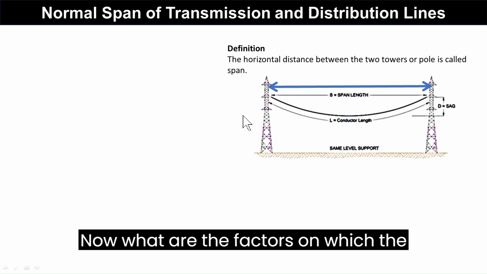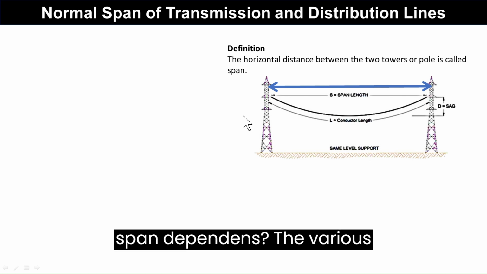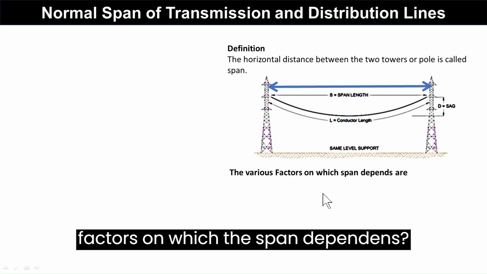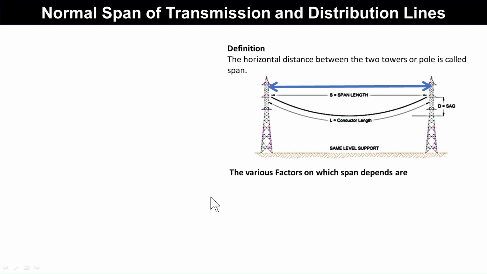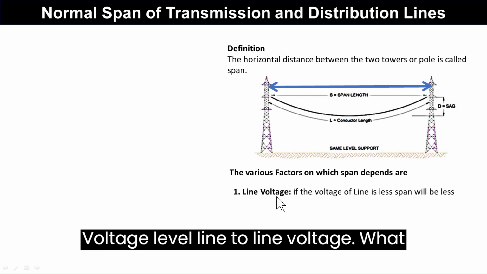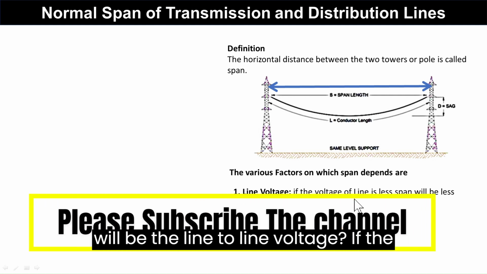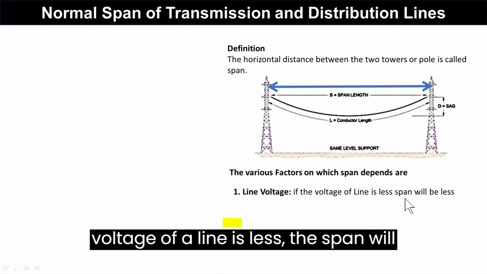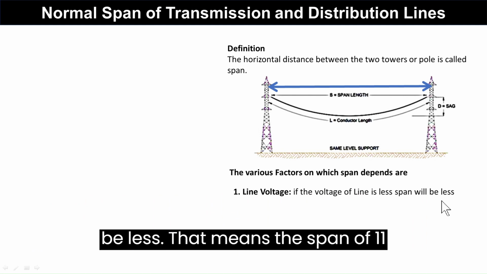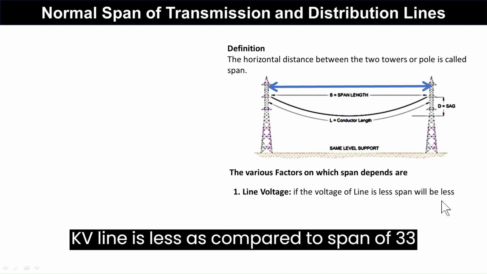Now, what are the factors on which the span depends? The various factors are: voltage level, that is line to line voltage. If the voltage of a line is less, the span will be less. That means the span of an 11 kV line is less as compared to the span of a 33 kV line.